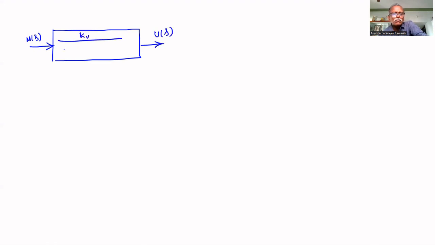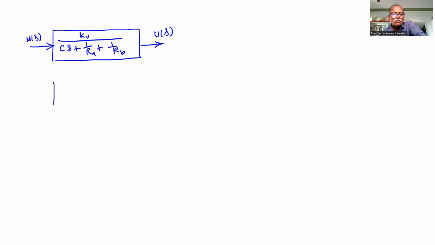So what we can get is, the first model: the input is M of s, valve opening. The output is U of s. The transfer function is Kv upon Cs plus 1 by Ra plus 1 by Rb.